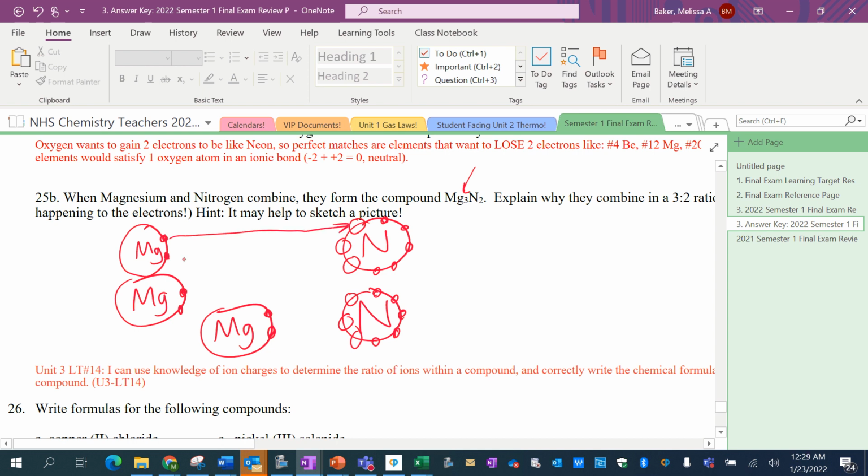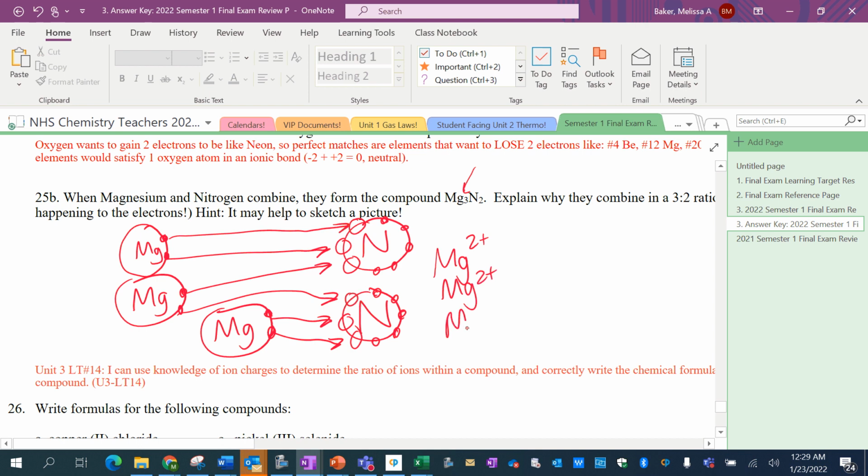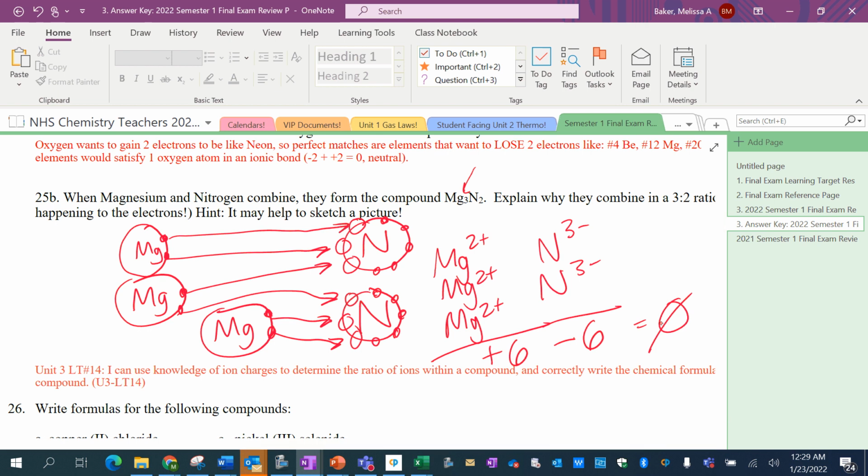So 1, 2, 3, 4, 5, 6. We're going to have Mg2+, Mg2+, Mg2+ for a total of +6. And we're going to have N3-, N3- for a total of -6. So that's why 3 magnesiums and 2 nitrogens make a perfect neutral compound.